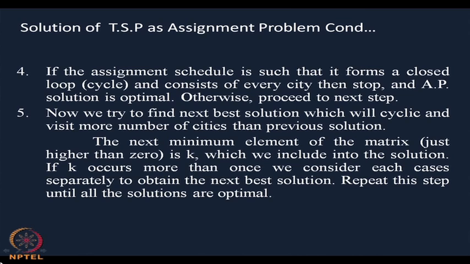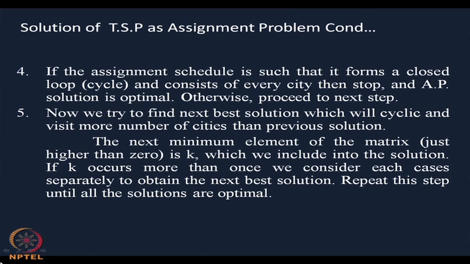I have to find out the minimum element which is greater than 0, say it is k, and which we will include in the solution, that is, that element k will be in the optimum solution, and then you find out the assignment of the other elements also. Now, if k occurs more than once, then for each case you have to repeat the process, which I will show you with one example.